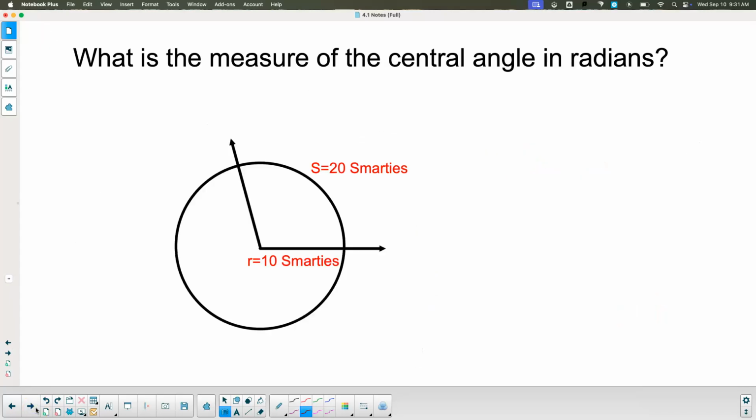Here is my green. Here is my blue. How many radians is this central angle theta?